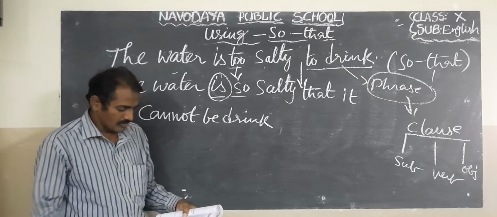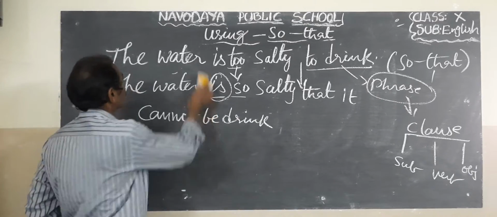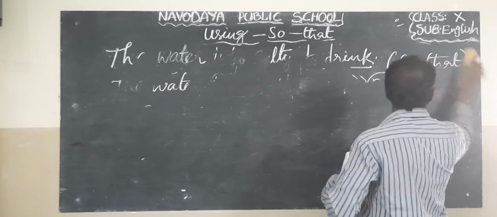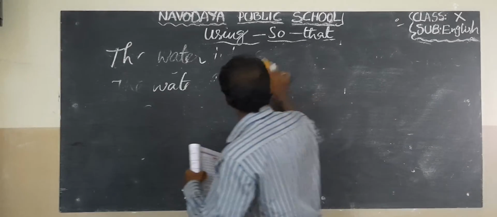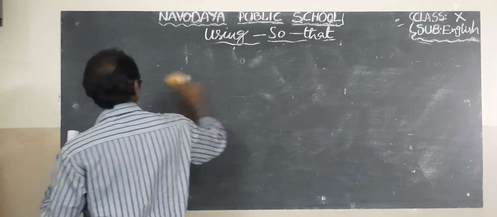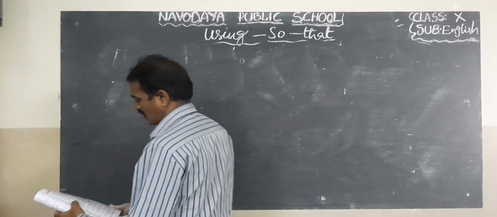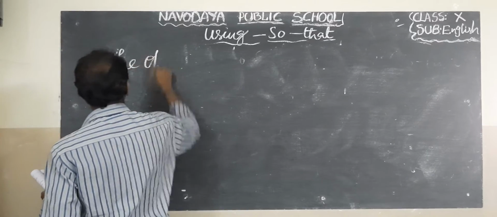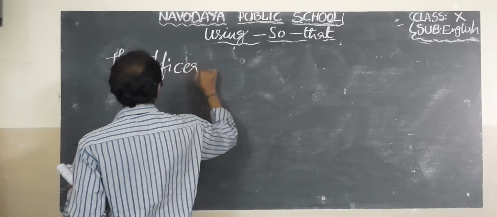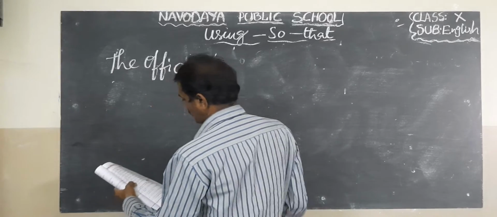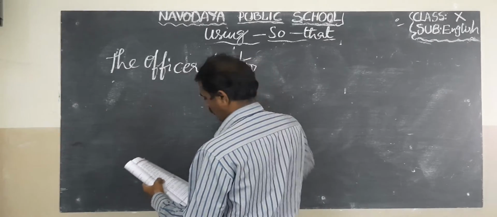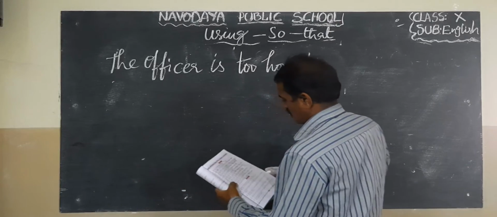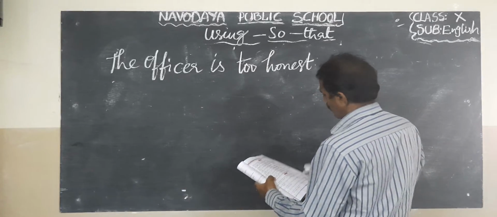Next, children, the officer is too honest to take a bribe.